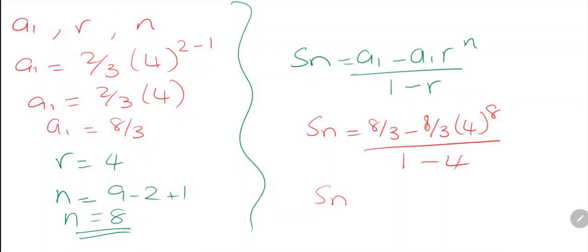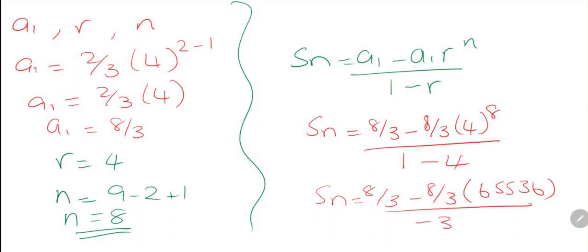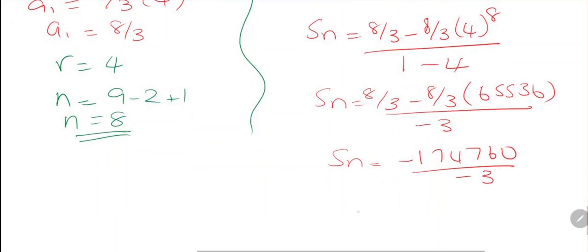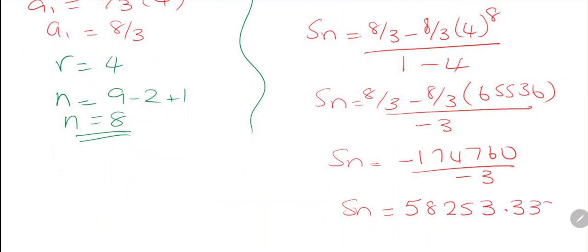If we work out the numerator, that'll be 8 over 3 minus 8 over 3 multiplied by 65536 divided by minus 3. I'm going to put that into my calculator, and that's minus 174760 divided by minus 3, and that's 58253.3 recurring. So I'm just going to write a few 3's.